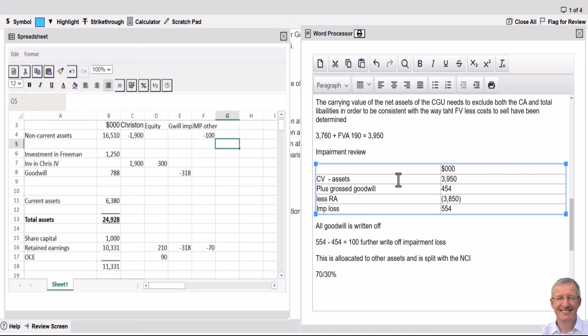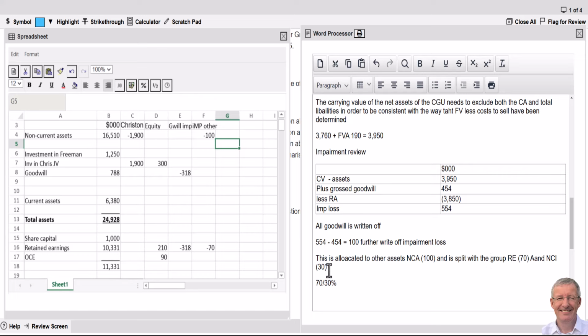Now, what I will say very briefly, other assets. So I'm just going to extend it. We've put this to PPE. No, actually, strictly speaking, we put this to non-current assets, and that is 100. And we've split it with the NCI, and that was 30, split with the group retained earnings. And this is therefore just giving you a very slightly neater, better answer.